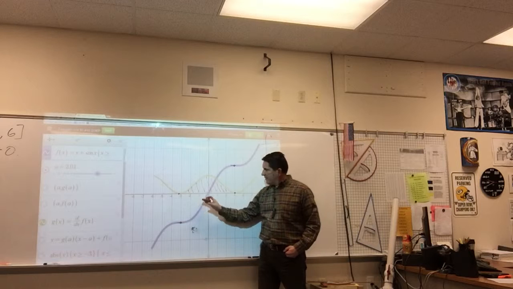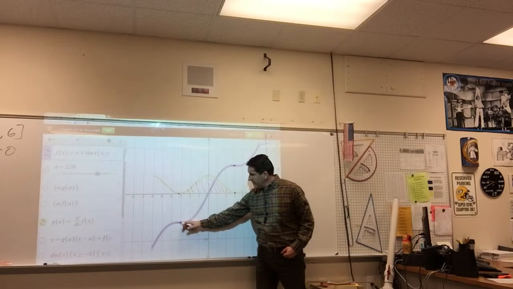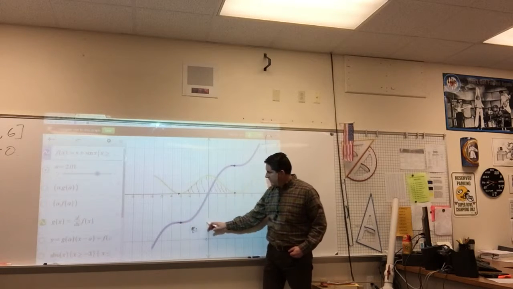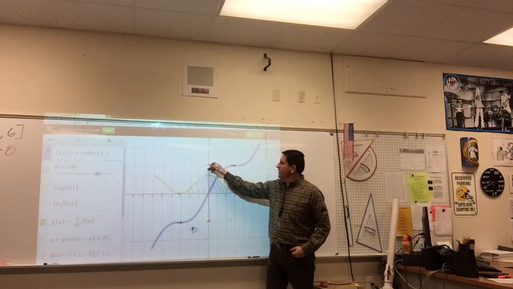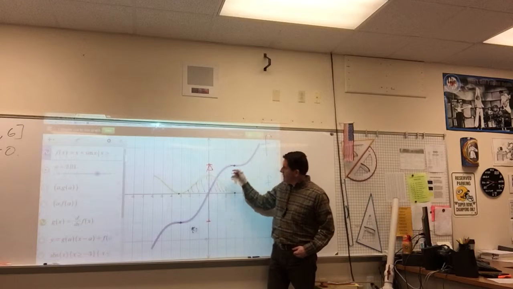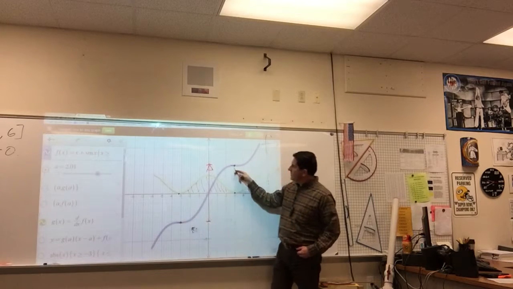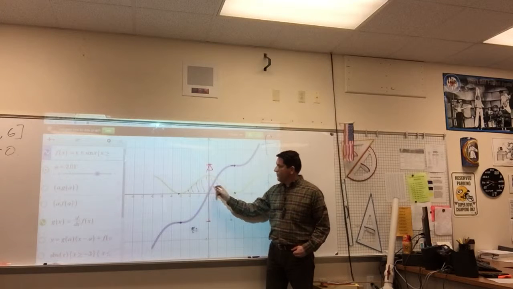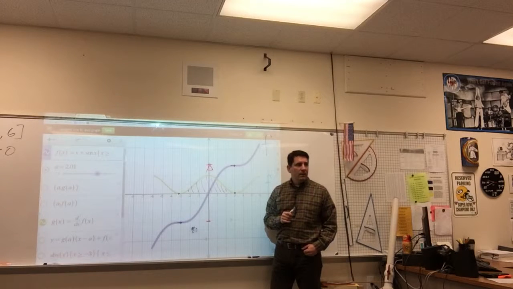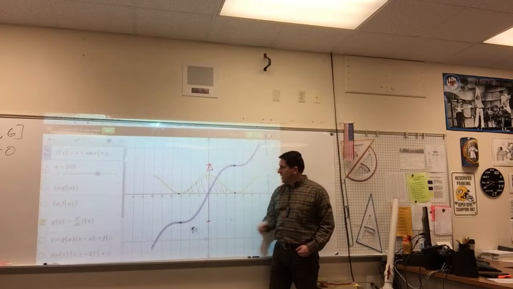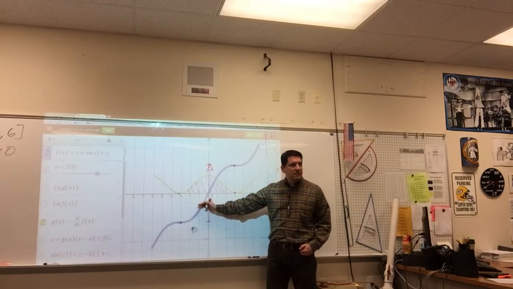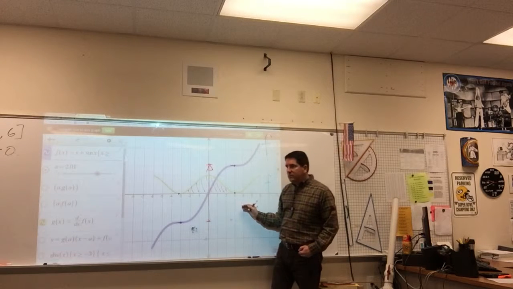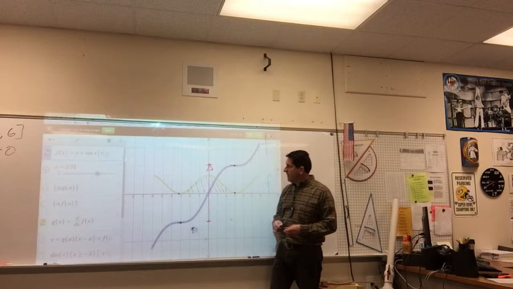The area under that curve is exactly the amount the function increases from this value up to this value. And you can also justify: are there any areas below the x-axis? The answer is no. Therefore, the function is never decreasing.